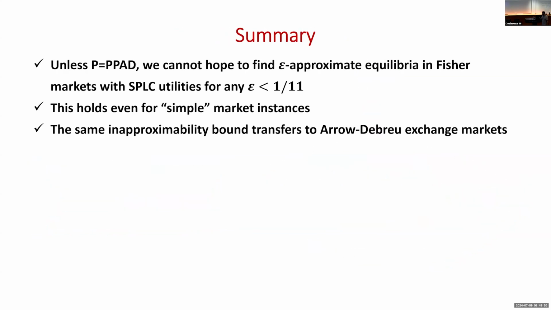Just to summarize, unless there is a collapse of PPAD into P, we cannot hope to find an epsilon-approximate equilibrium in a Fisher market with separable piecewise linear concave utilities for any epsilon that big. This holds even for these simple market instances that I just showed you. And the same inapproximability transfers to our exchange markets.